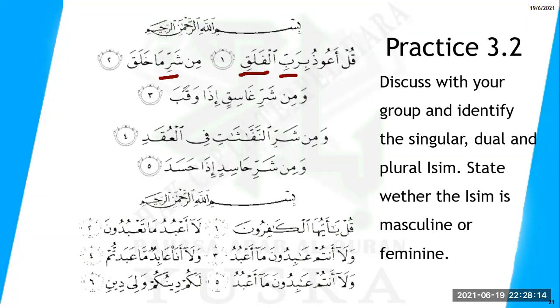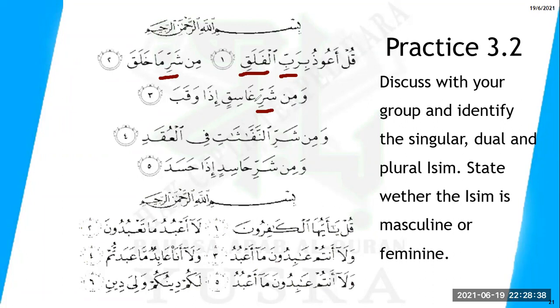Because of the shadda, it actually has 3 letters: shin, ra, ra. Rabbi also has ra and ba. Sharri is the same, and it's singular.